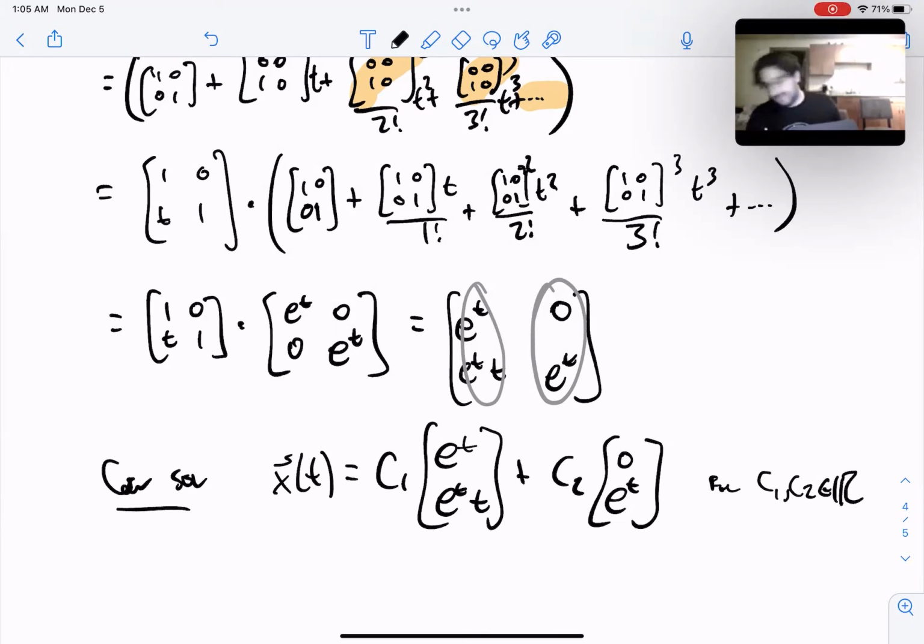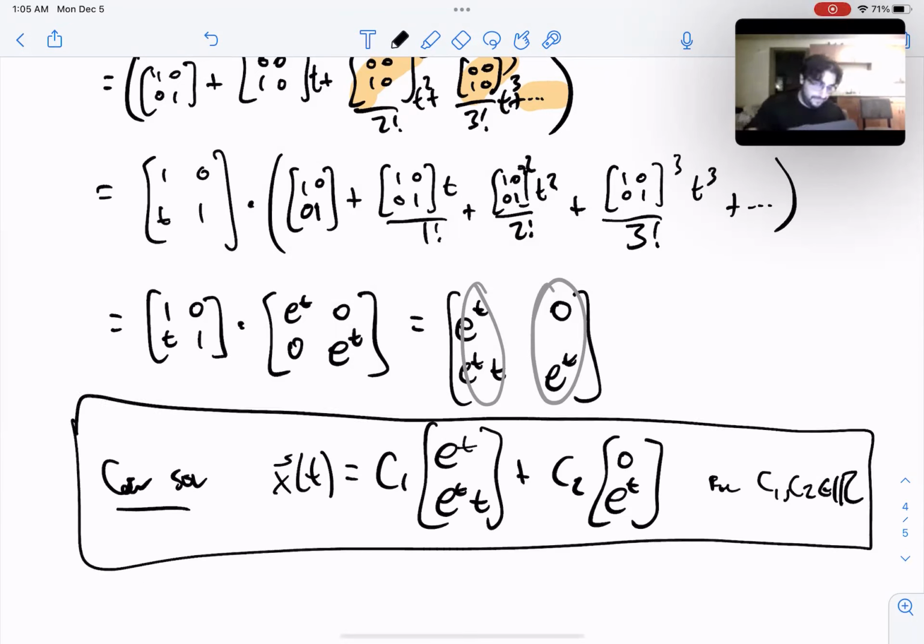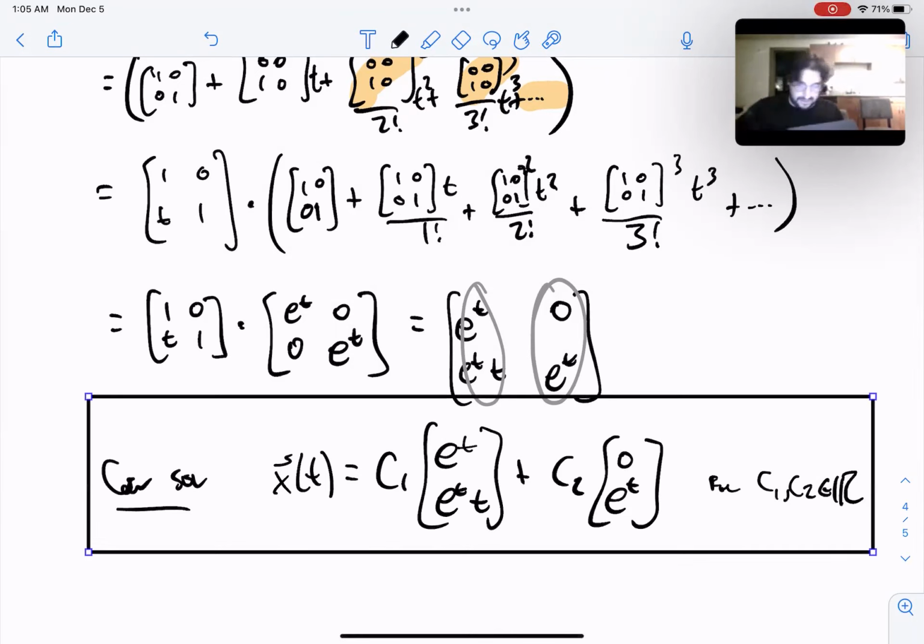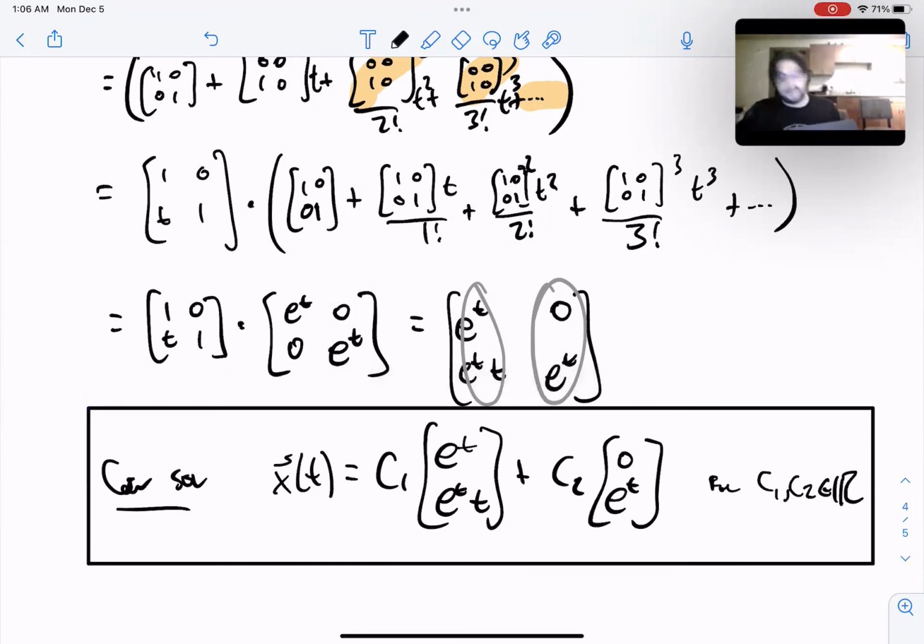There we go. So there's our general solution in the third case, right? So there we go. Now we have all three solved.